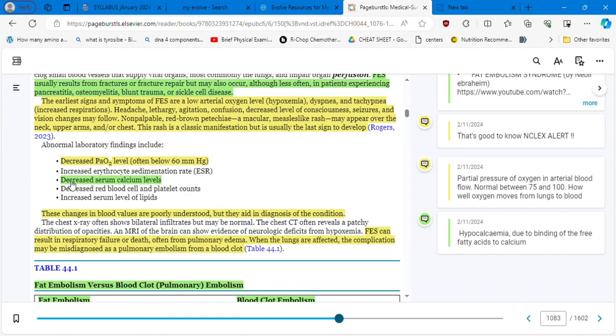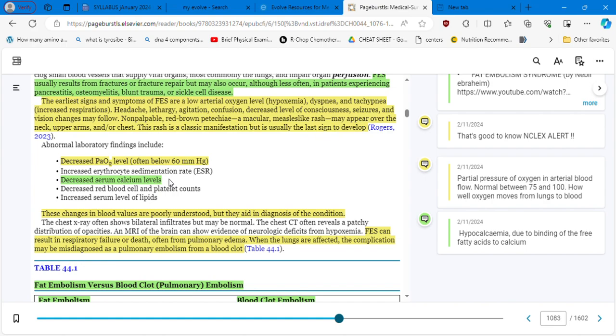But why are we having decreased serum calcium levels? Because the calcium is going to bind to the fatty cells. That's why in the laboratory it is going to appear as decreased serum calcium level.